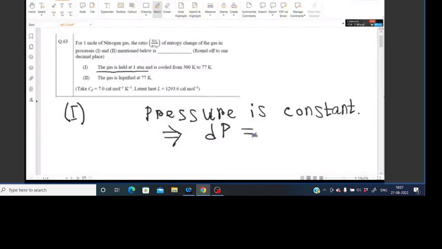So the change of pressure is 0 in this process, so dP equal to 0.